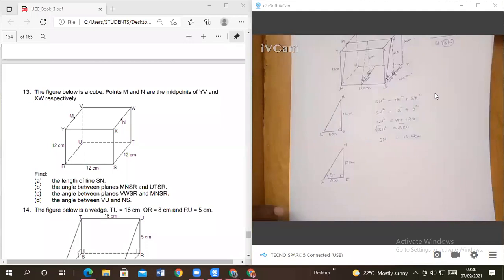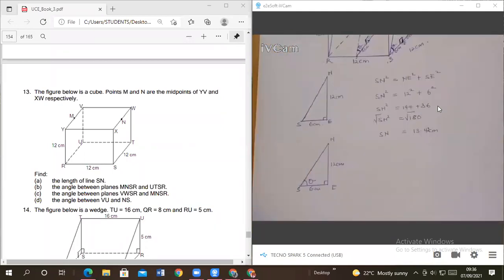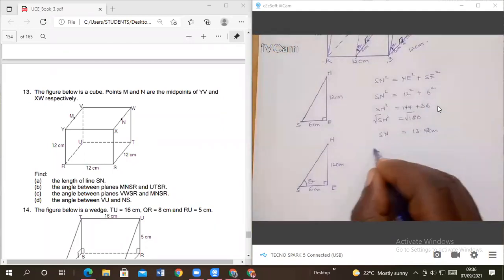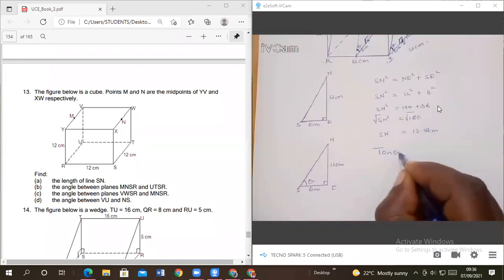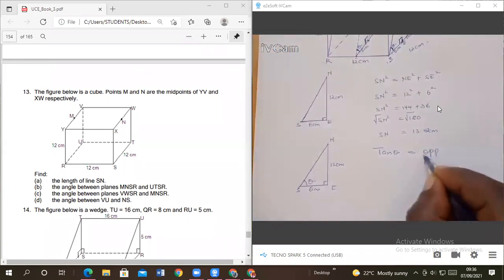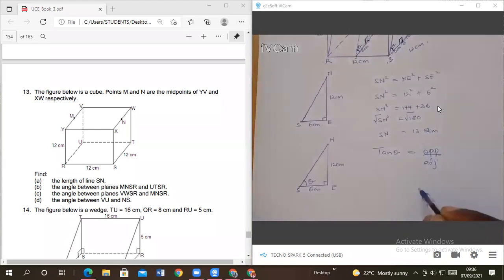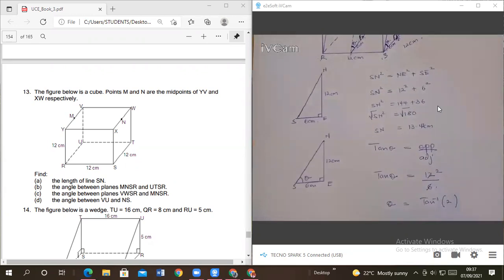We are going to use tan theta, which equals the opposite over the adjacent. So tan theta equals 12 divided by 6, and theta equals the tan inverse of 2, isn't it? So theta equals, the answer in degrees.